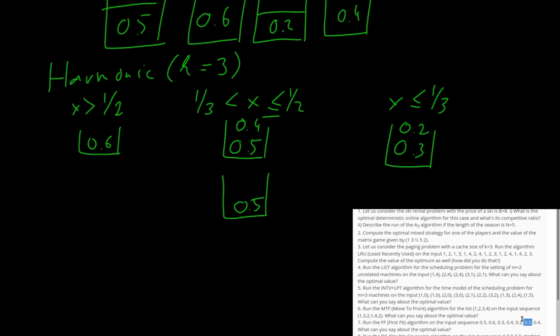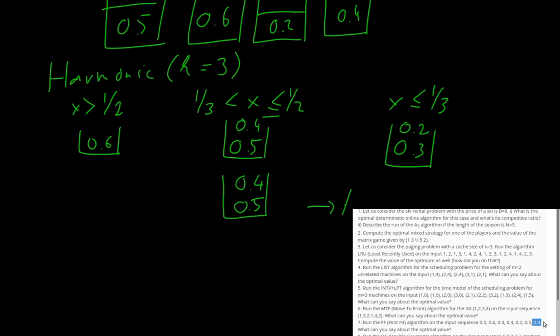Now, of course, there would be enough space in the category for the very small items, but the harmonic algorithm doesn't do that. It doesn't use space that intelligently. And then you will have this 0.4, which is again an item having a size between 1/3 and 1/2, so it's in the second category, and that's all.